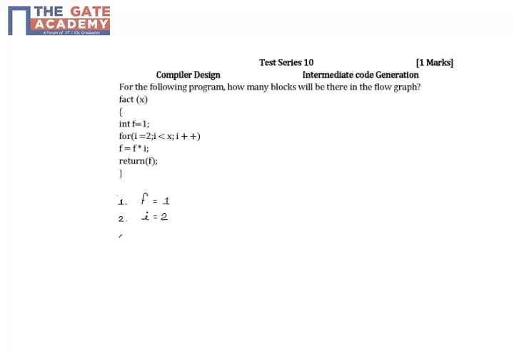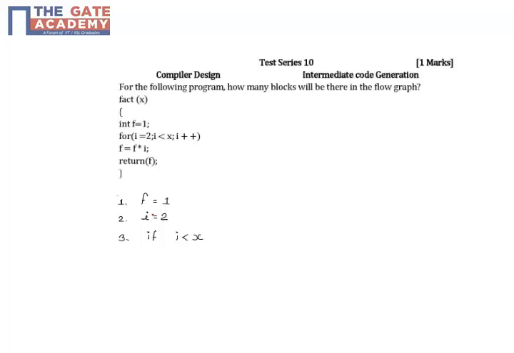After that, in the third statement, that particular condition i less than x will be checked. That means if i is less than x, then I'll have to execute this particular program.